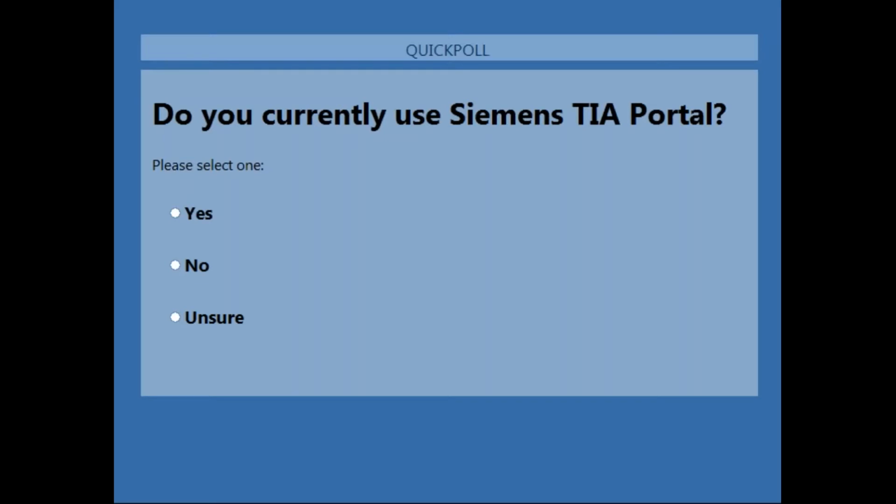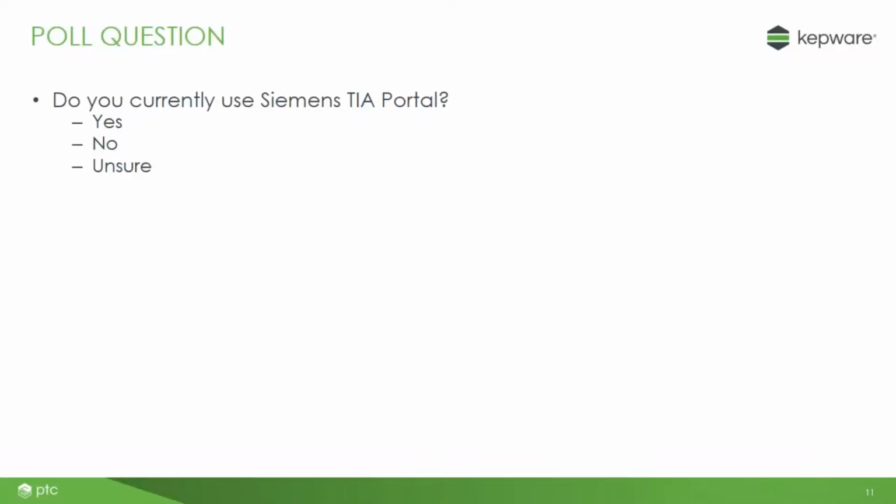Just give us an idea of whether you actually use TIA Portal currently, and then we'll move into the demo after Tom's great presentation. There's more to come. Okay, great. So do you use the TIA Portal? Leaving that open for a few more seconds. Yes or no, or maybe you're not sure. All right, I'm going to close that out and share the results with you.